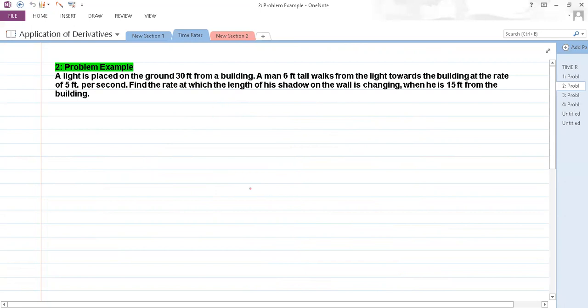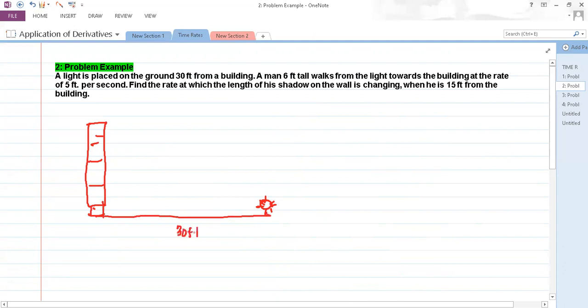Okay, so we have a light here. So let's say, naglagay tayo ng lamp, placed on the ground 30 feet from the building. If this is our building, okay, so our lamp is placed 30 feet from the building.